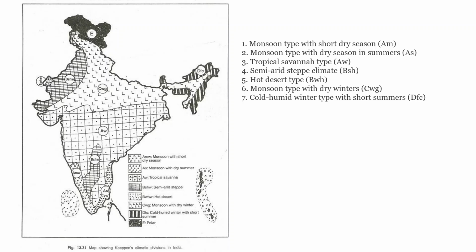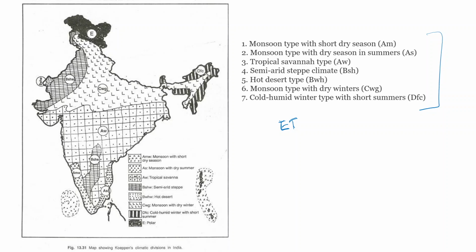Also in the high Himalayan regions in Kashmir, we may get E, but here this E will be ET, the tundra type of climatic pattern found in India. So we have these seven or eight types of patterns which exist in India.